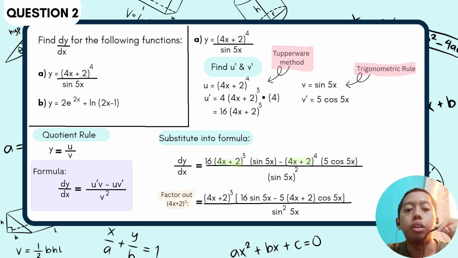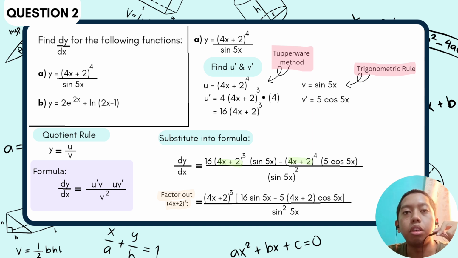Here, u is open bracket 4x plus 2 close bracket to the power of 4. Its derivative u prime is 16 times open bracket 4x plus 2 close bracket cubed. v is sine of 5x and v prime is 5 cosine of 5x.